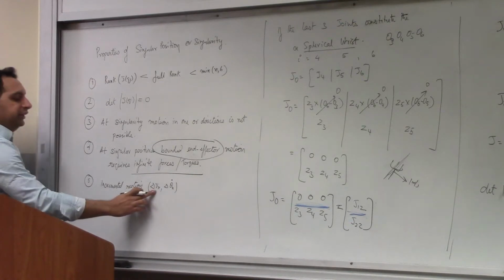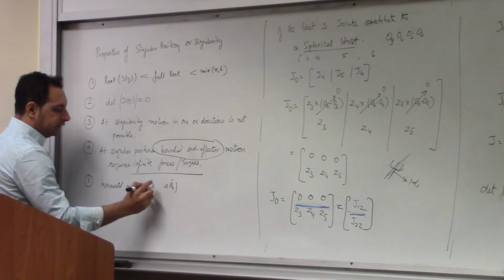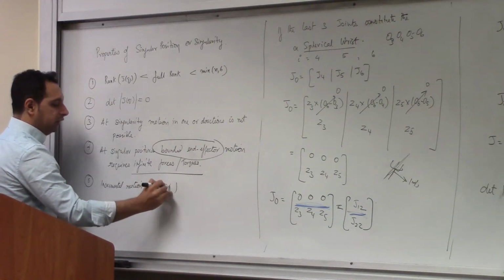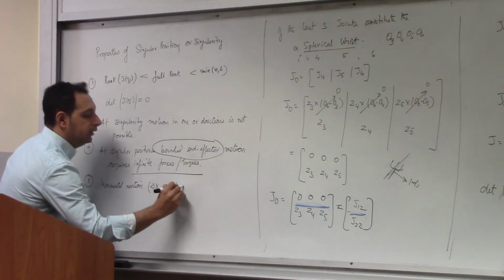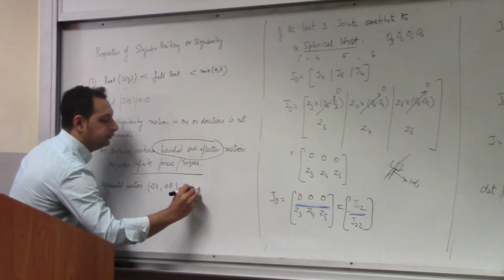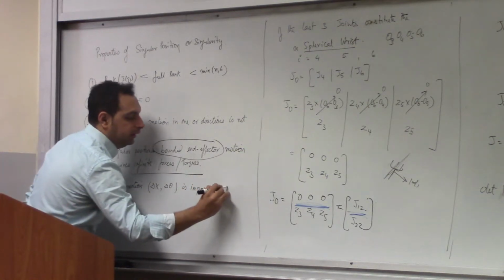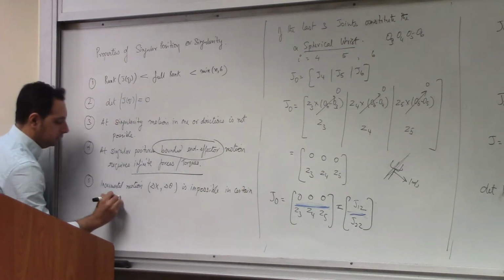That means velocity, change in velocity, or let's call it delta x, only position. Per unit time will give you velocity. It is impossible in certain directions.